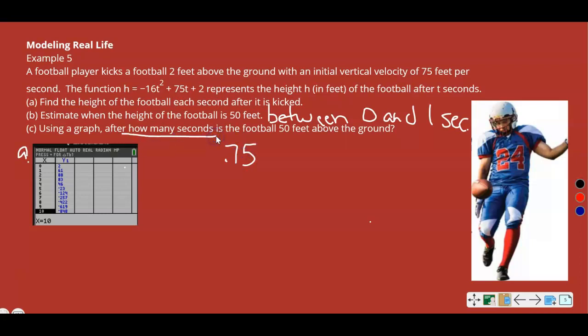So it's going to be about 0.75 seconds that the football is 50 feet above the ground.